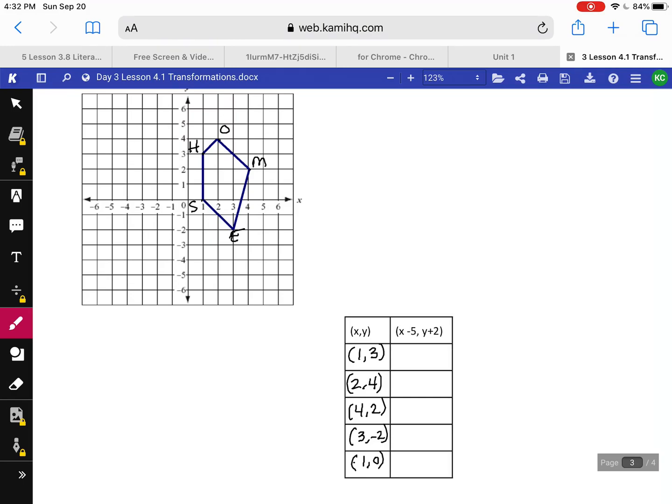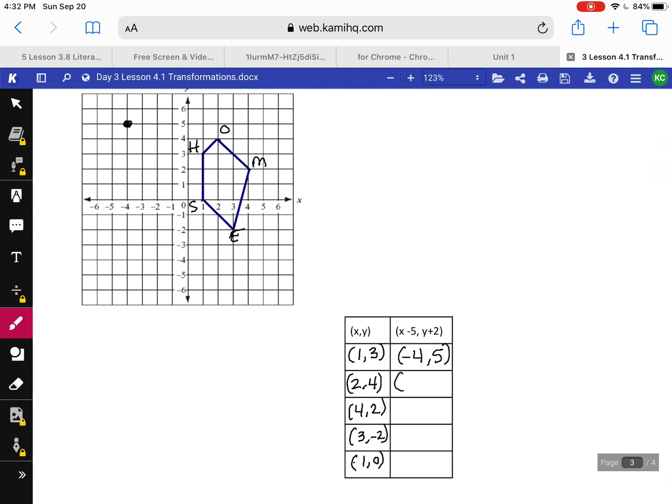So we have x minus 5: 1 minus 5 is negative 4, 3 plus 2 is 5. Negative 4, and then we're going to go up 5.